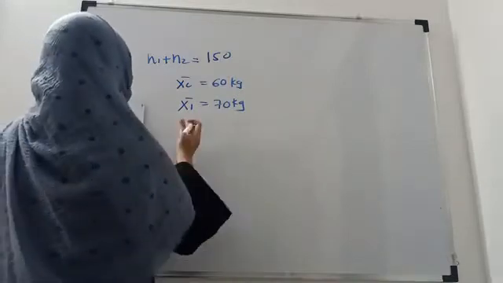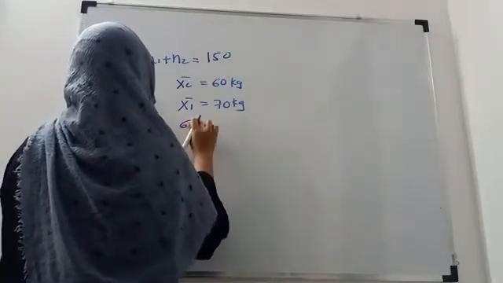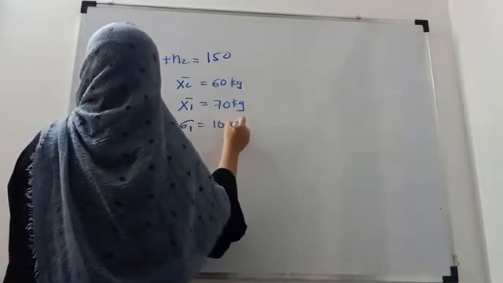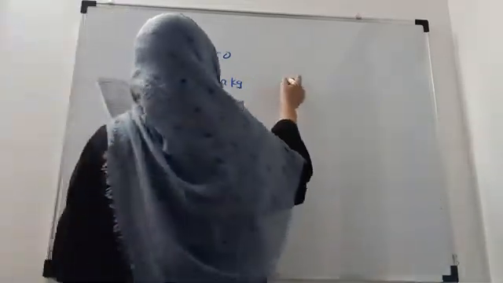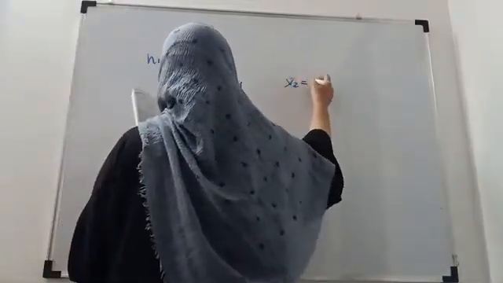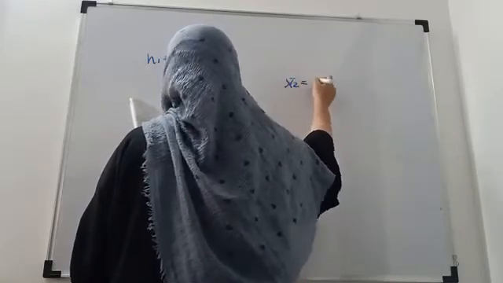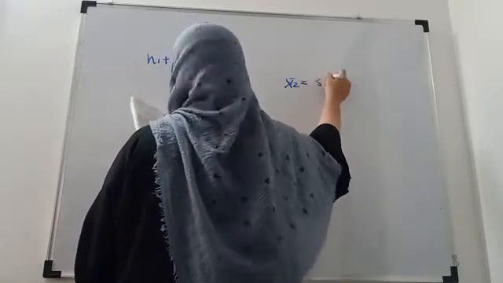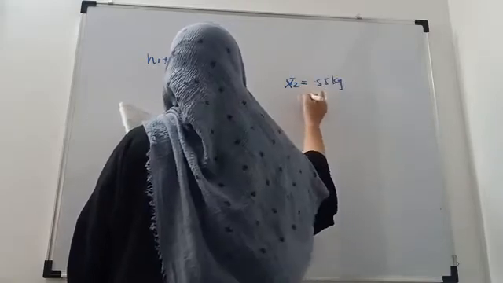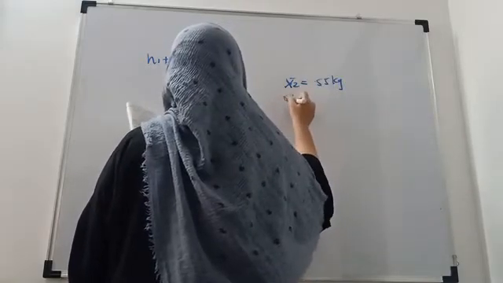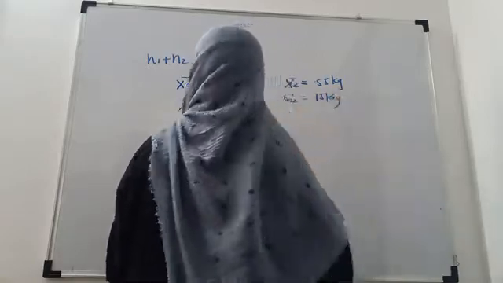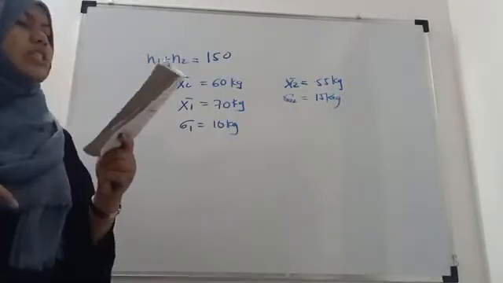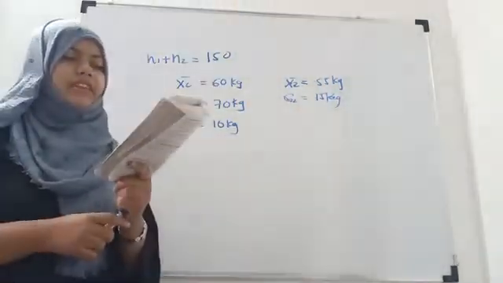So sigma 1 is 10 kg. For the girls, the mean weight is 55 kg. That means x2 bar is equal to 55 kg, and the standard deviation, sigma 2, is given as 15 kg. Find the number of boys and the combined standard deviation.